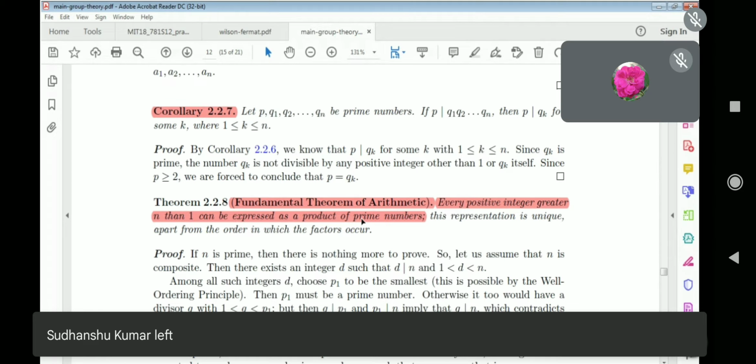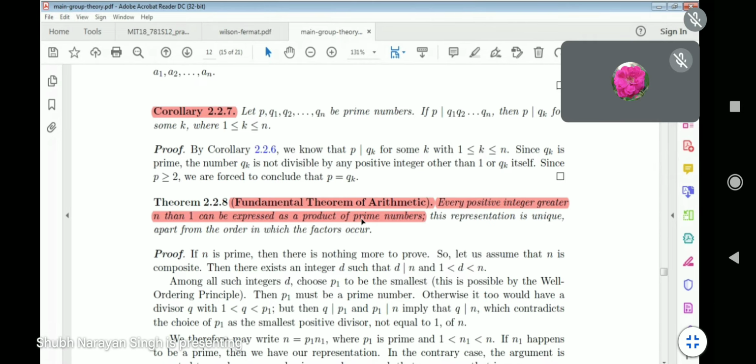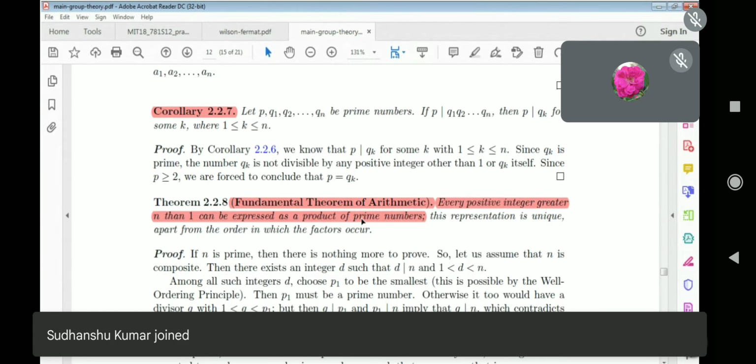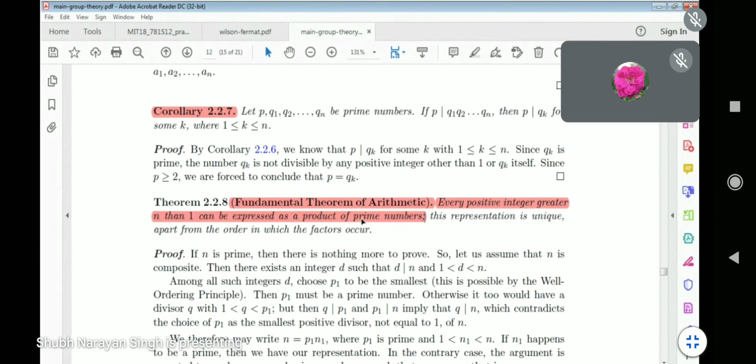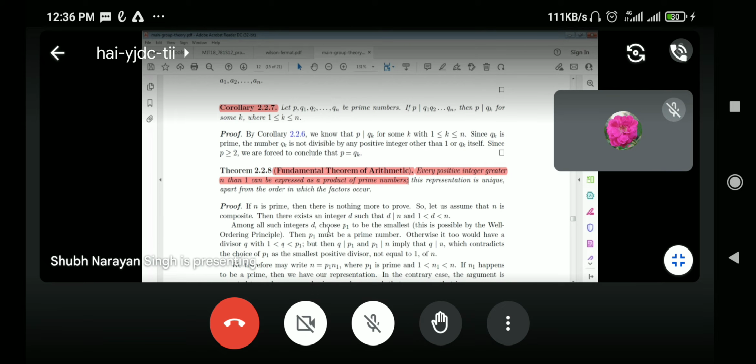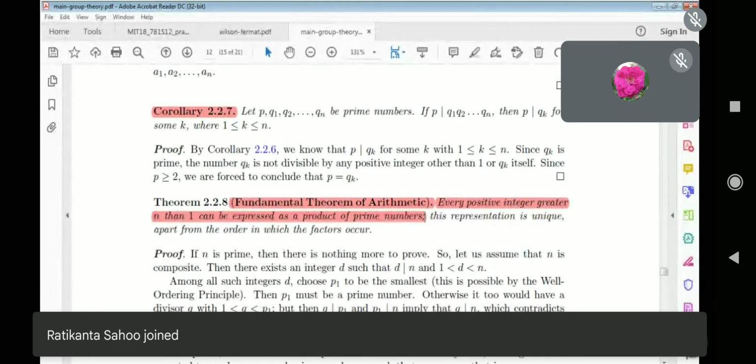So can you write 100 as a product of primes? Anyone? Please reply if you have the answer. Two square into five square. Yes, good.